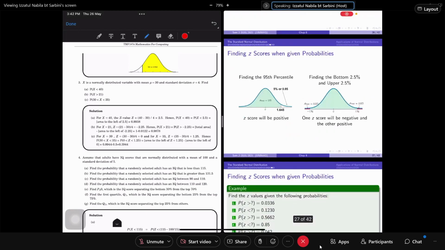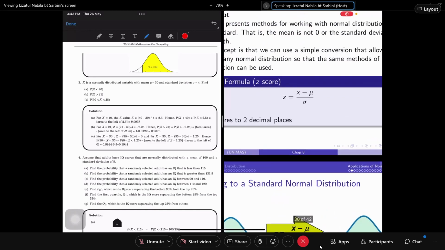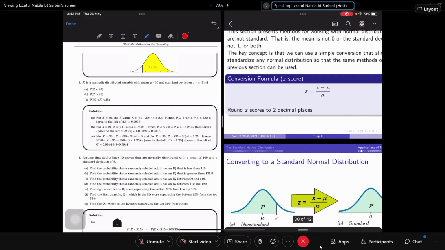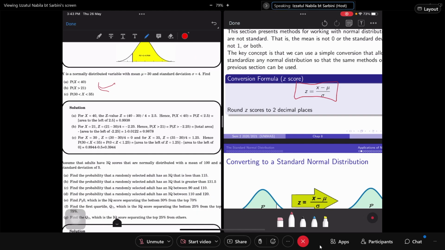Anyhow, learn how to look at this Z table. Here it is, the conversion formula. So you apply it in this question here. If X, you need to change it to Z. So you just substitute lah, substitute semua dekat sini. I think this one is quite easy lah.